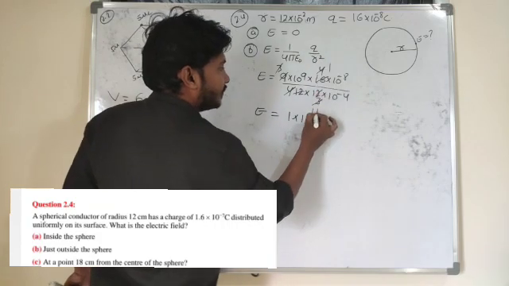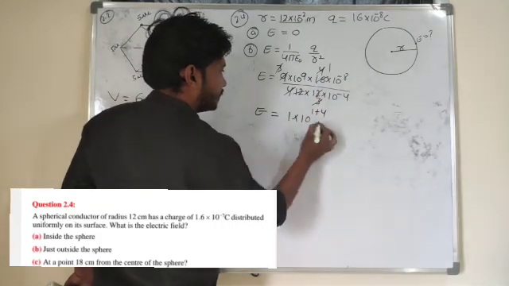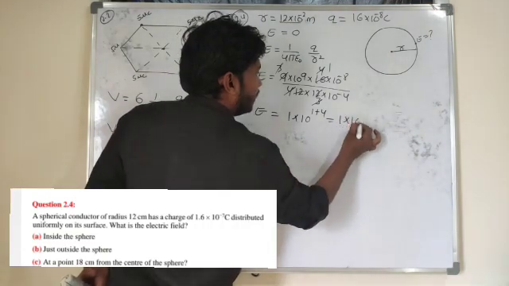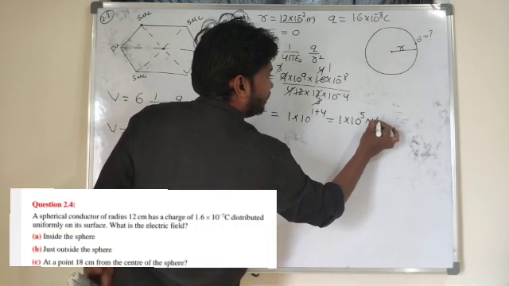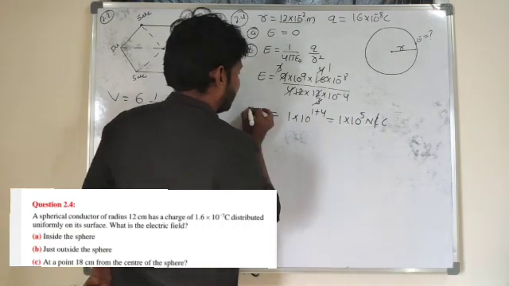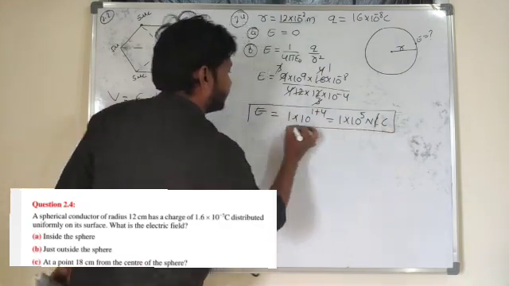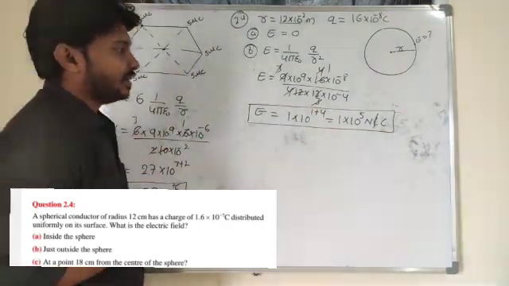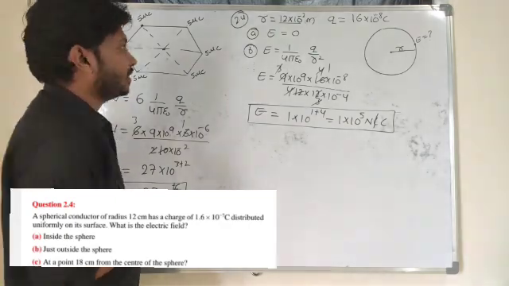Minus 4 goes to the numerator as plus 4. So E is equal to 1 into 10 to the power of 5 Newton per Coulomb. So what is our answer here? The electric field just on the surface of the sphere is 1 into 10 to the power of 5 Newton per Coulomb.